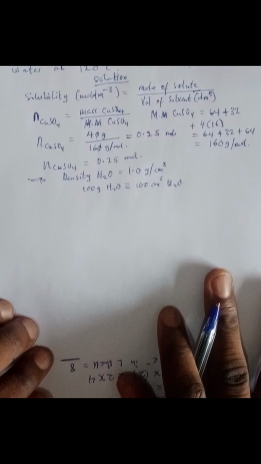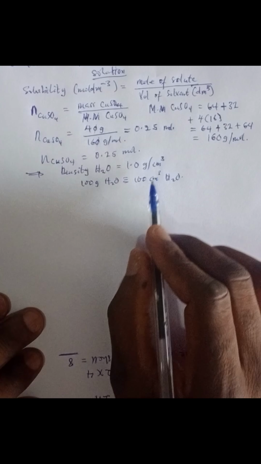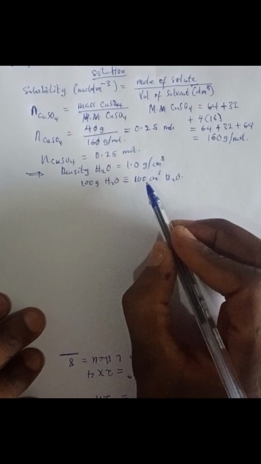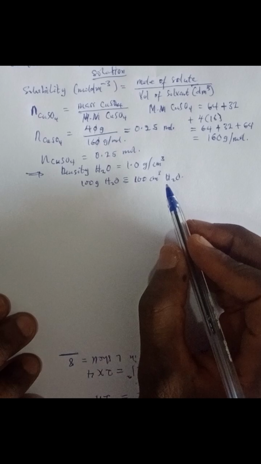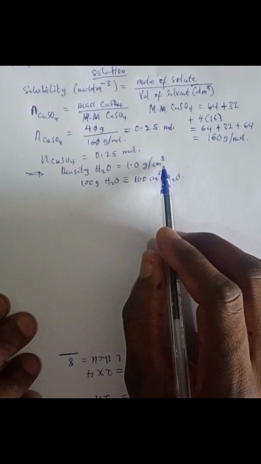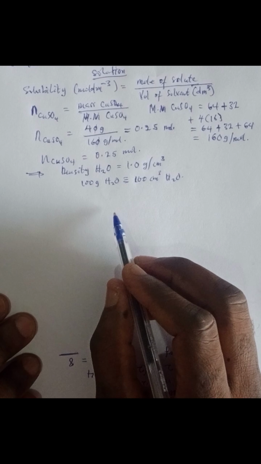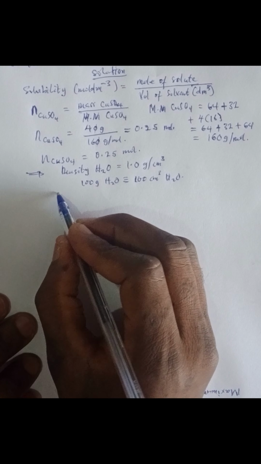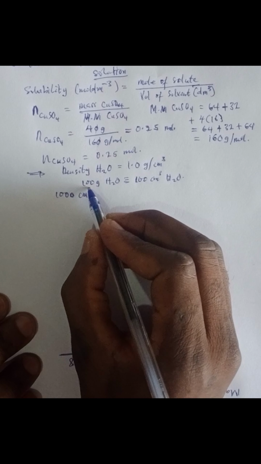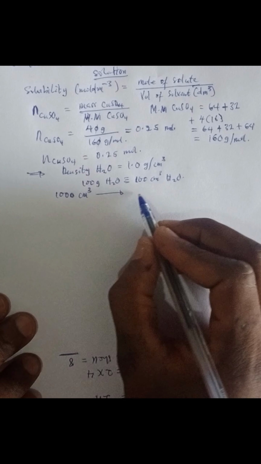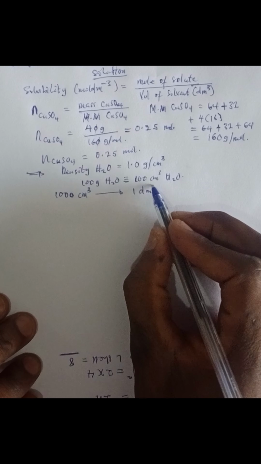So now we know that our 100 grams of water is equivalent to 100 centimeter cube of water. The volume of the solvent is needed in dm cube, so what are we going to do? You also need to know the conversion unit: 1000 centimeter cube is equivalent to 1 decimeter cube.